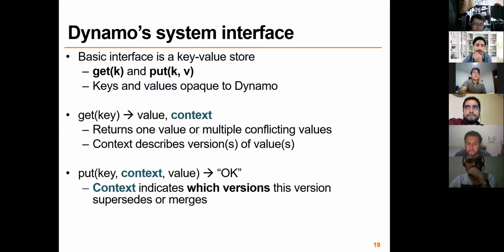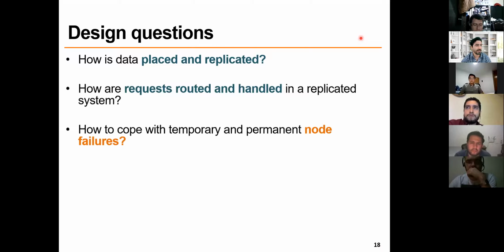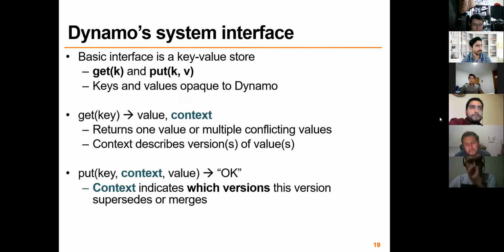As I said, I believe they did a really good job covering almost everything. So I just want to go over some of them, maybe explain some in a different manner. This is where I stopped, about the questions. They already talked about the concept of the context, which relates to the version, what version of the data.